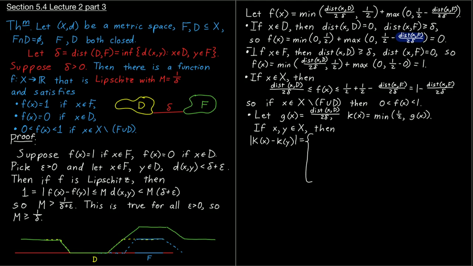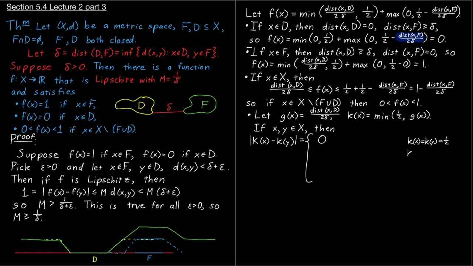So the first option is that g of x and g of y are both at least 1/2, in which case k of x and k of y are both 1/2, in which case k of x minus k of y is 0.